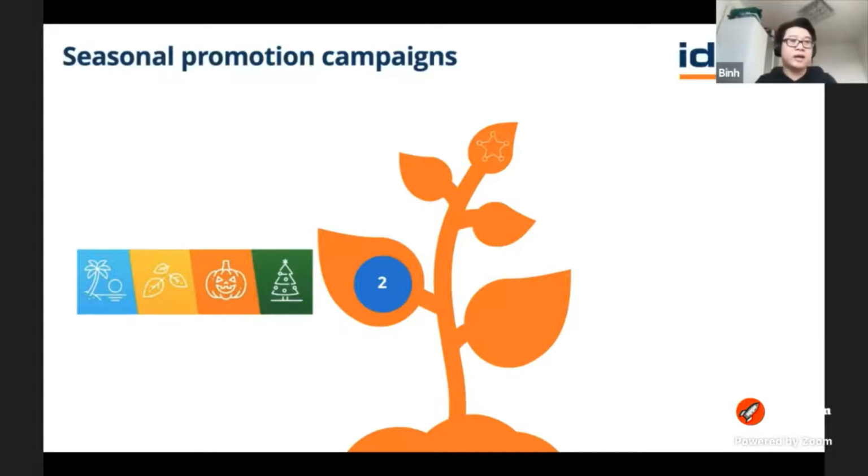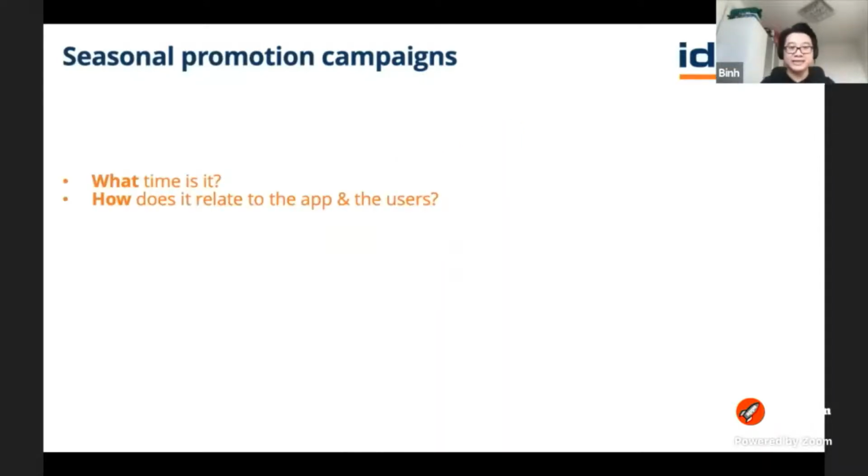However, at idealo, a truly customizable seasonal promotion campaign has everything to do with the event itself. We don't really talk a lot about the app, because basically we answer what time it is and how it relates to the app and the users. And then, on a secondary level, we answer what it has to do with the app and why they should download it.